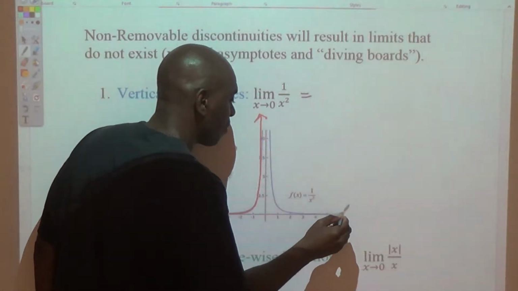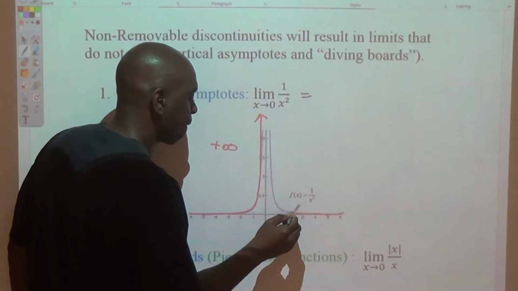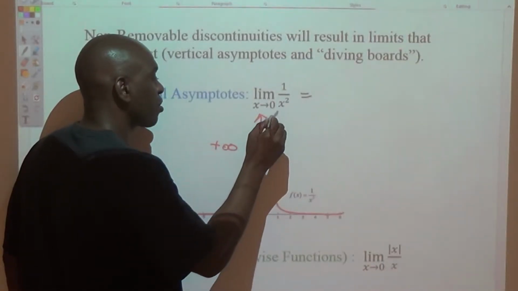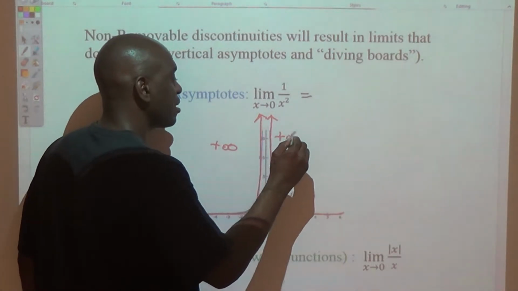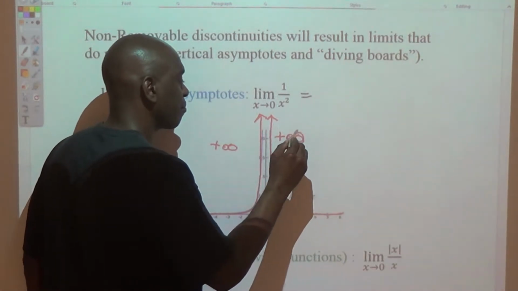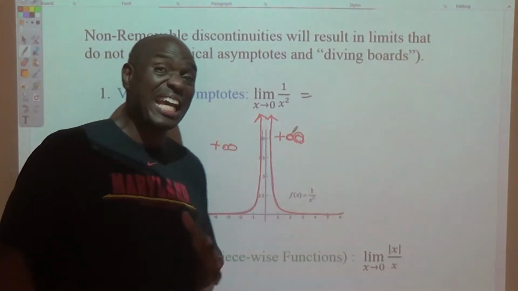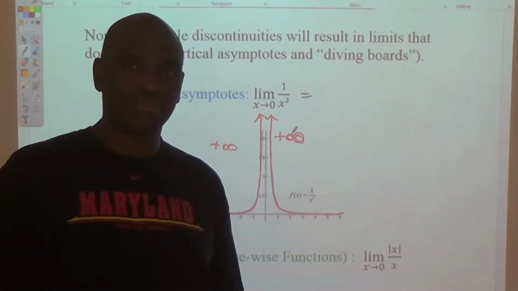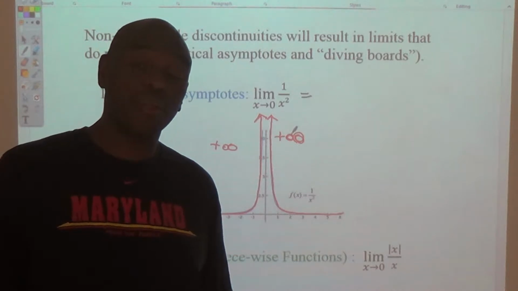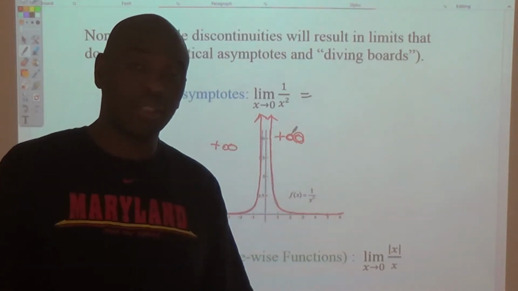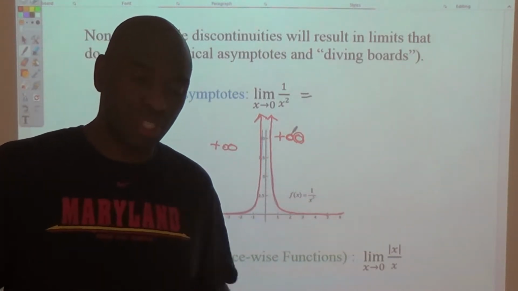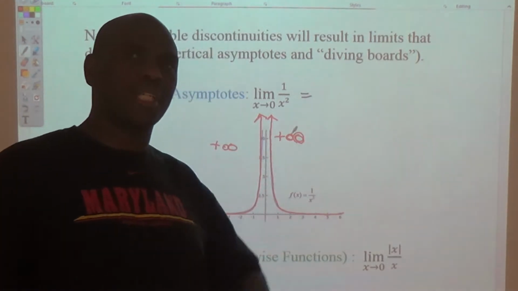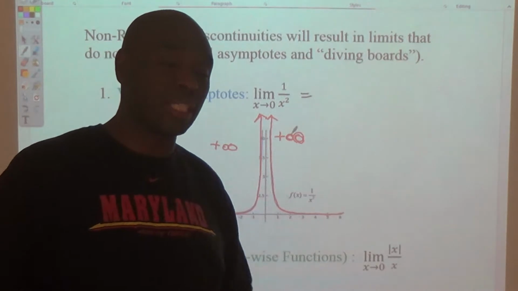As I come in from the right side, this is also going to what? Positive infinity. Infinity is not a value. It's not bounded. It's nothing really tangible. You can't put your hands around it. You can't feel infinity. It just keeps going and going and going like the Energizer Bunny.